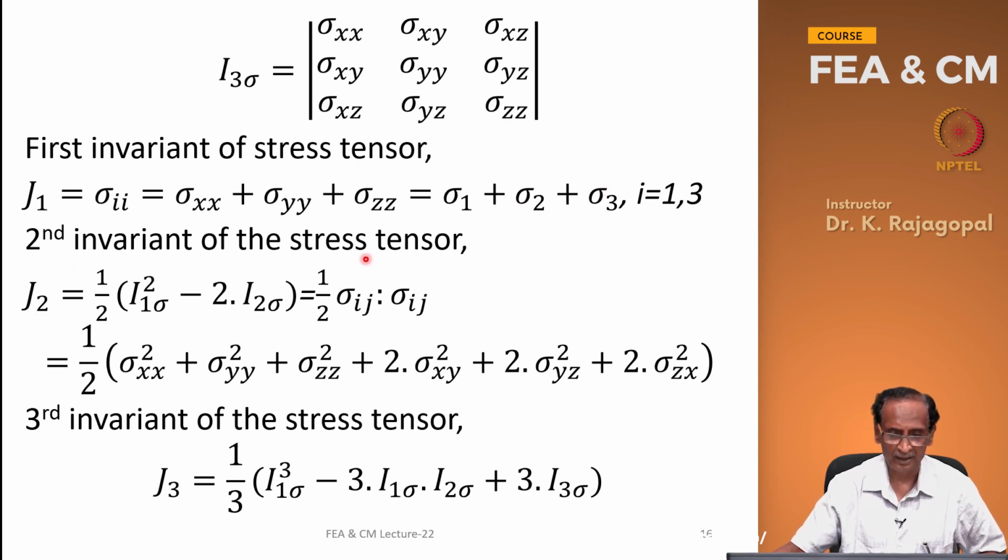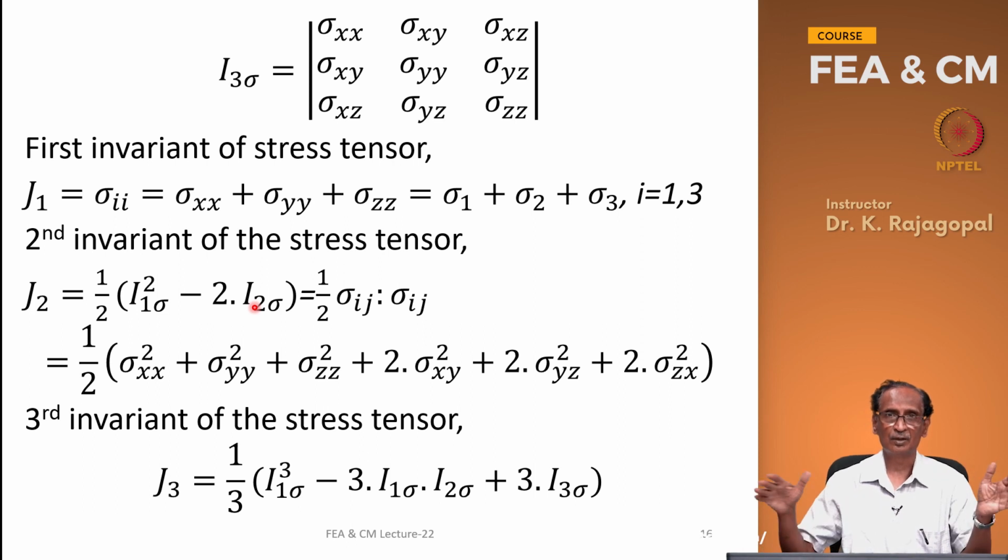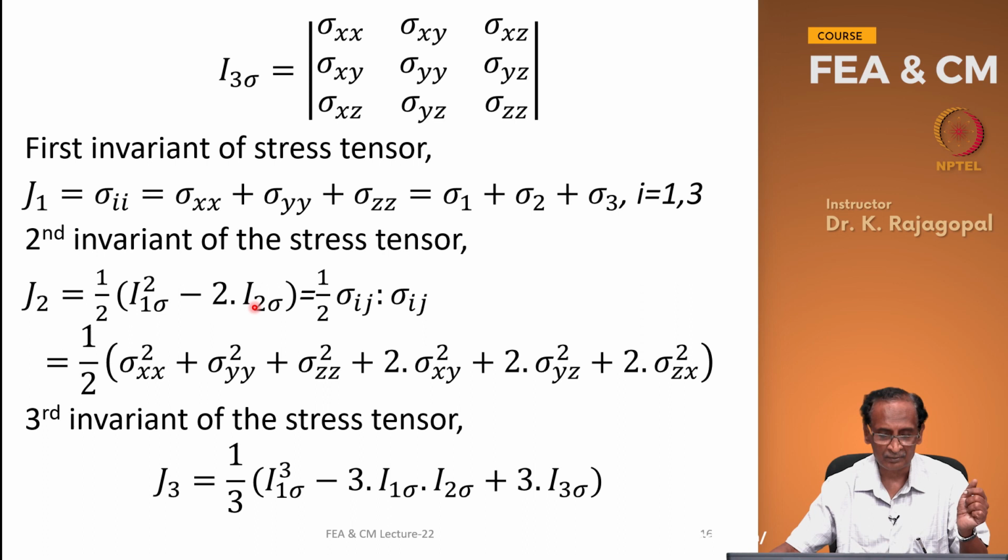The second invariant of the stress tensor, J2, is 1/2 of I1 sigma square minus 2 times I2 sigma, where I2 sigma is the sum total of the determinants of the 3 submatrices.